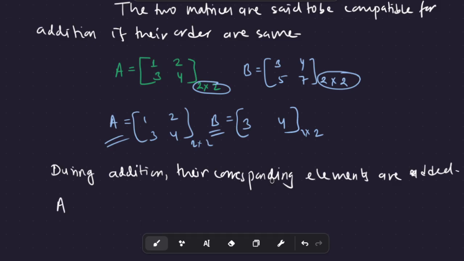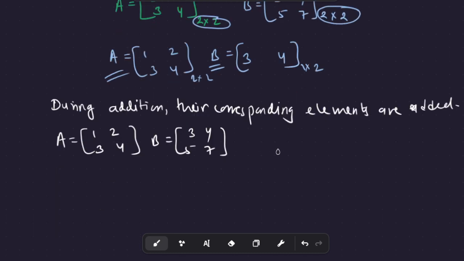If A is 1, 2, 3, 4 and B is 3, 4, 5, 7, two matrices with the same order, and we are asked to find A plus B, which equals 1, 2, 3, 4 plus 3, 4, 5, 7, the corresponding elements will be added.